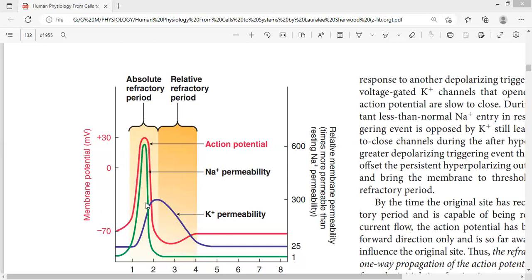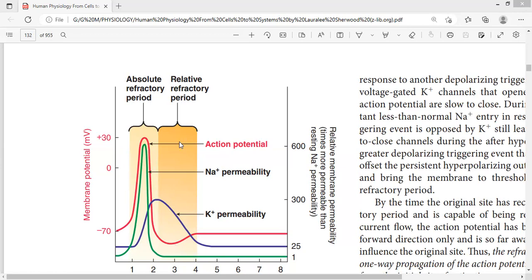At this stage, there is no way that you can generate another action potential, because the neuron is still in the active rising phase. But in the relative refractory, you can see here the neuron has gone back to, it's a bit hyperpolarized, right? But as Seraphine has mentioned, we need a stronger stimulus than this one to generate an action potential.